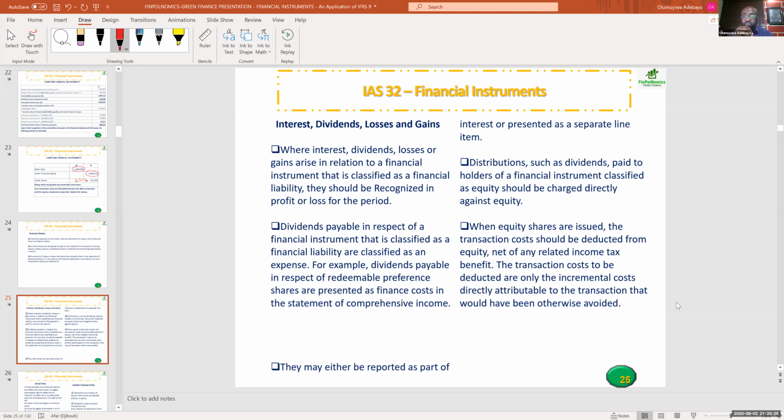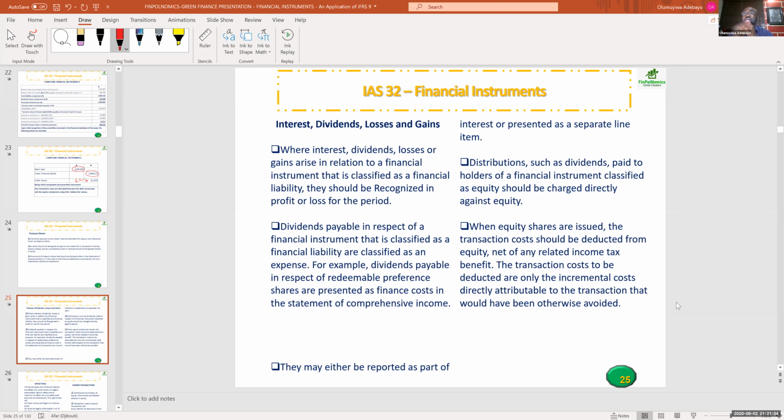That's why, when we discussed IAS 1 and the presentation of financial statements, we identified that dividend paid by a company is a distribution to owners of equity, and in line with the conceptual framework, it does not qualify as an expense. We treat it as a reduction of equity through a deduction from retained earnings, and that is done within the statement of changes in equity.